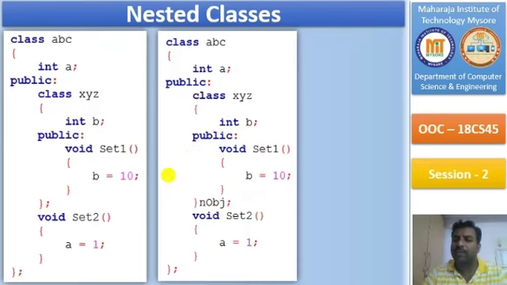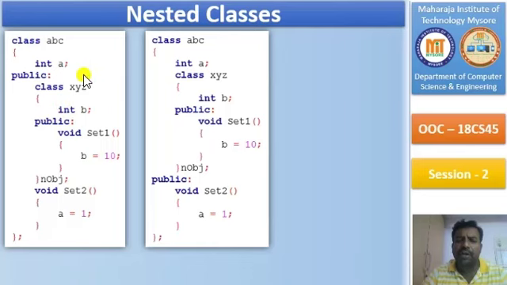Fine. So now the other part of the code is where we have a variation. The variation here is, just observe, the definition of the class and the object creation NOBJ was in the public section. Now the same thing I have made to be in the private section. Now the class XYZ definition and NOBJ are going to be in the private section.